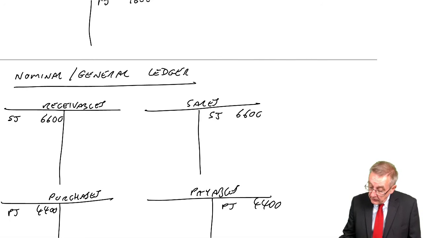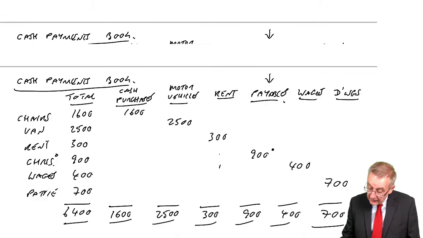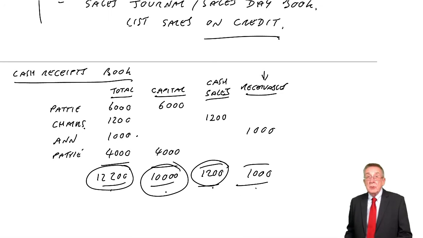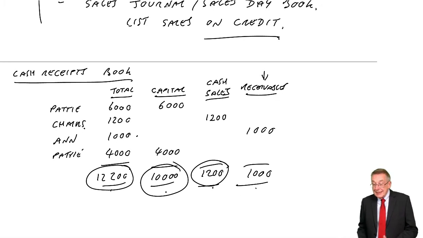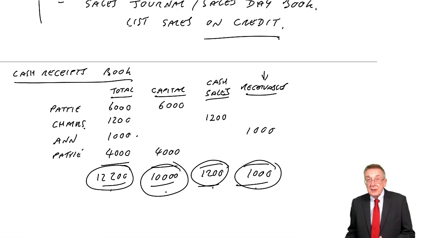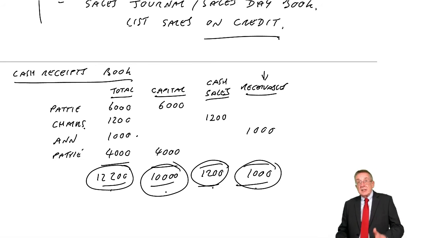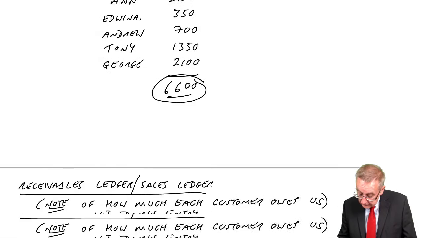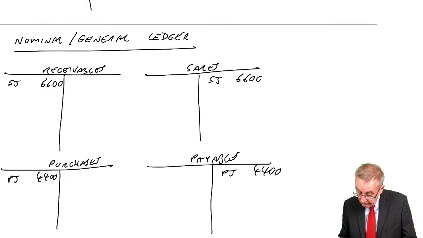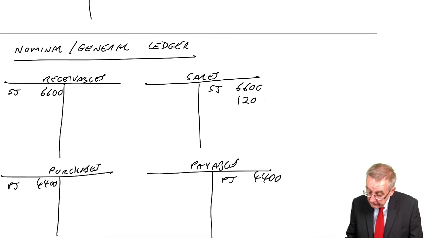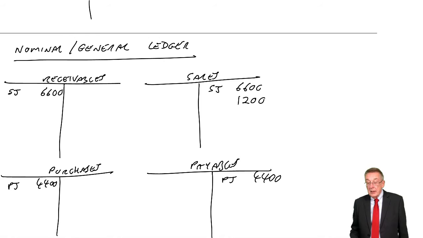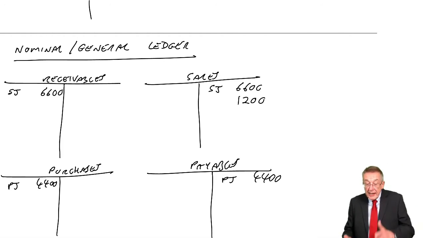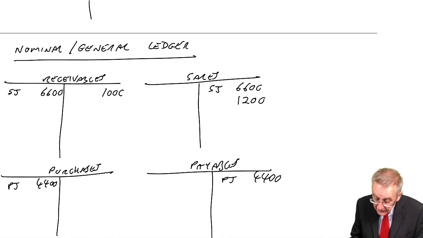I'm sorry, keep going up and down, but I'll do two at once. 1,200 was cash sales and 1,000 was receivables. So cash sales will credit sales with 1,200. Now we've already got a sales account, credit with 1,200. The other 1,000 was receivables, debit cash, credit receivables 1,000.